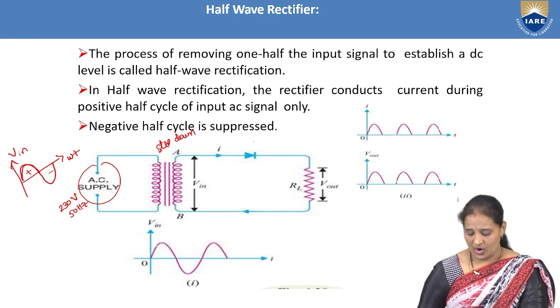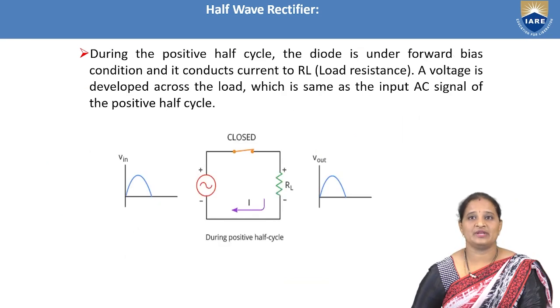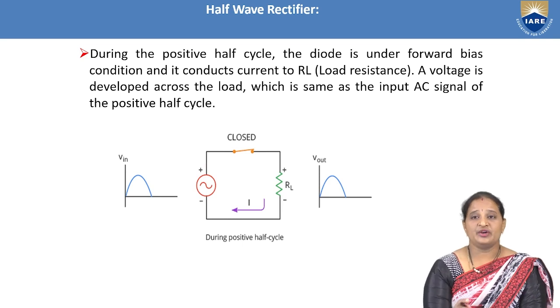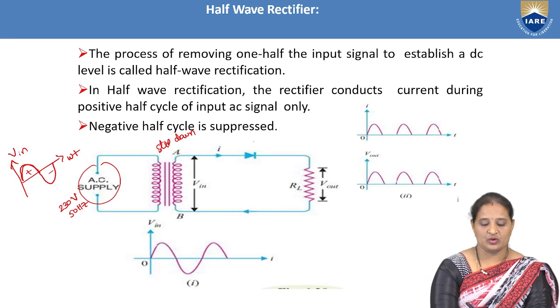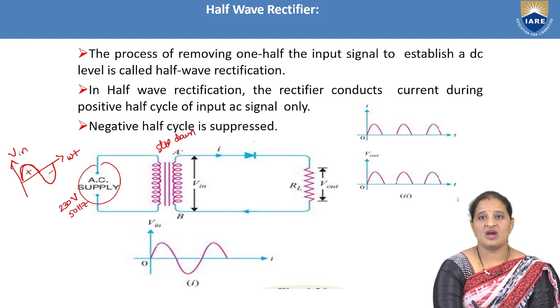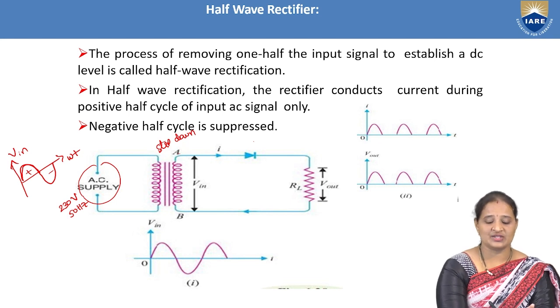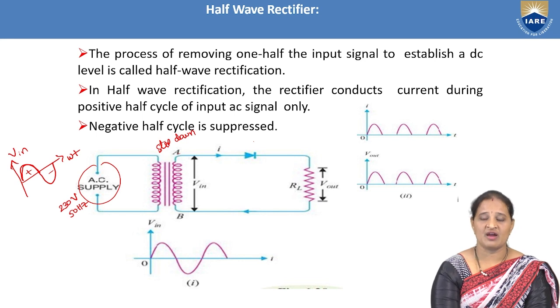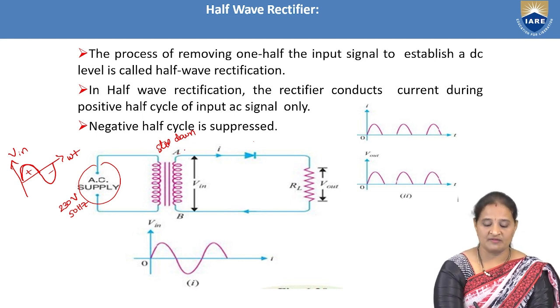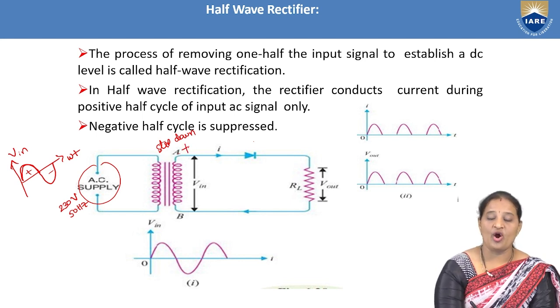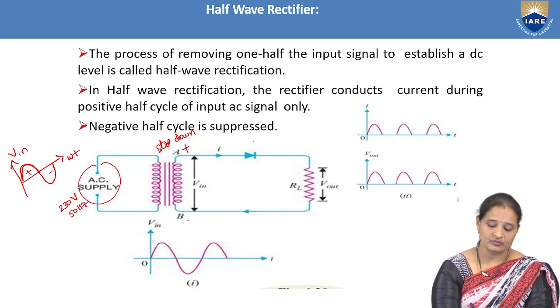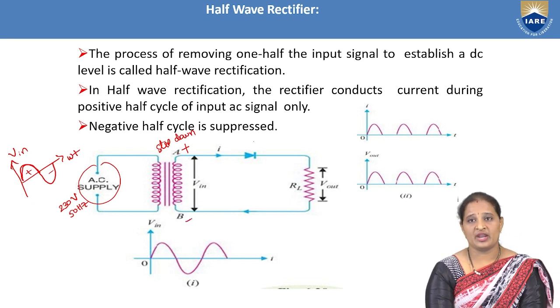Now let us see how this rectifier operates. During the positive half cycle of input voltage, as I said, the input is an AC signal having positive and negative half cycles. During the positive half cycle, point A becomes more positive and point B becomes more negative.